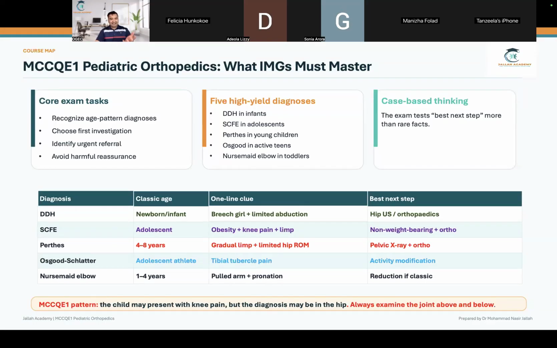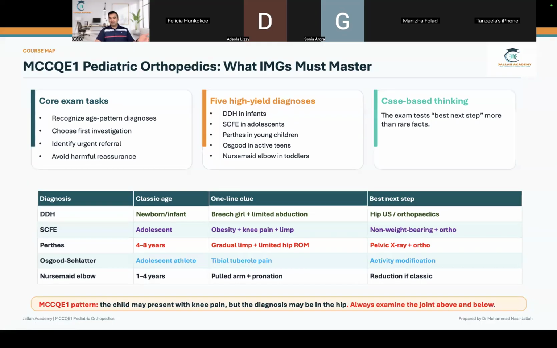So breech, girl. Usually if they give you a scenario about DDH, they usually give you an infant between age of 4 to 6 months, or maybe even younger, and it will be a female, and it will be first child.